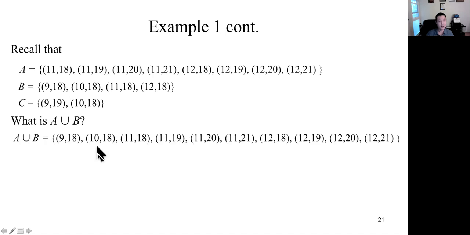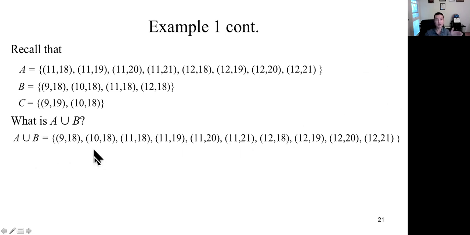So we can first write what is A or B. Again, this is A or B, the half circle facing up. We also call it the union of A and B. That means whenever A occurs or B occurs, or A and B both occur, that is anything within the 2 circles of A and B. So we can just put the events in A and the events in B together.